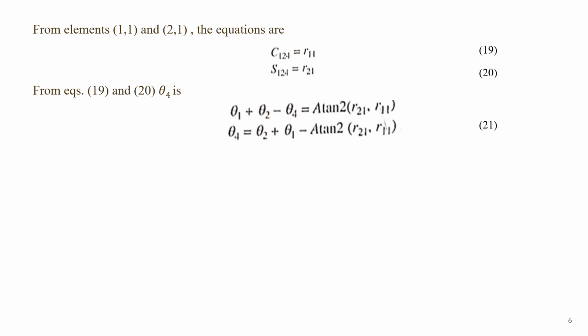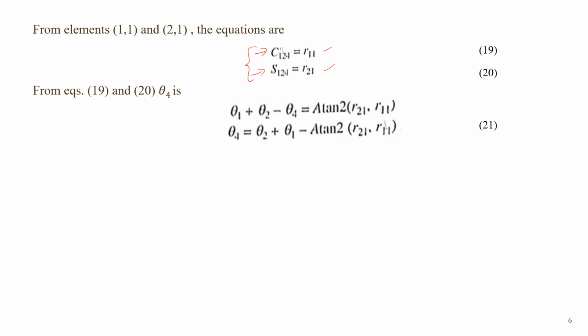So now we have got theta 1. By equating the C1 4 and S1 4 from the transformation matrices, you get r11 and r21. Now as you have got theta 1 and theta 2, you can get theta 4 from these expressions.